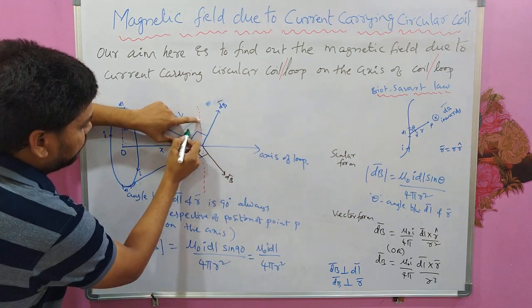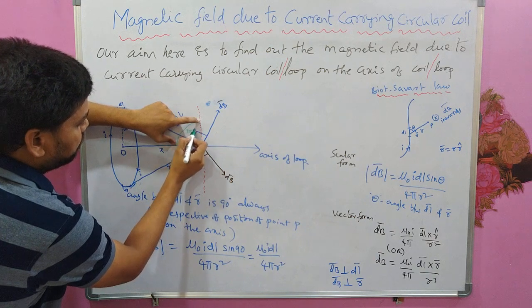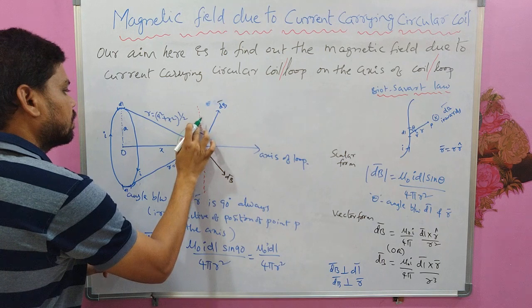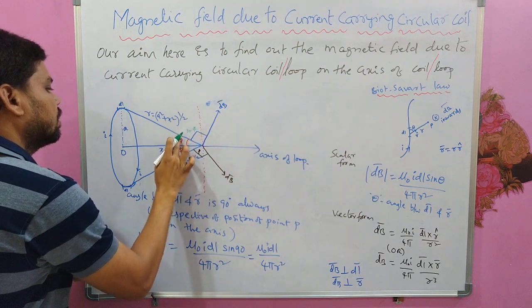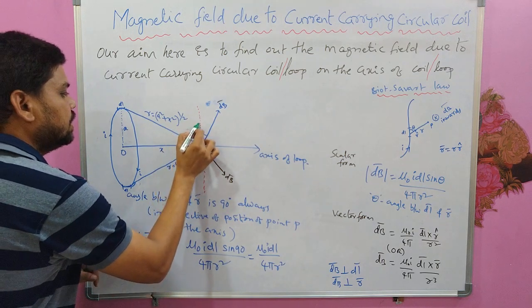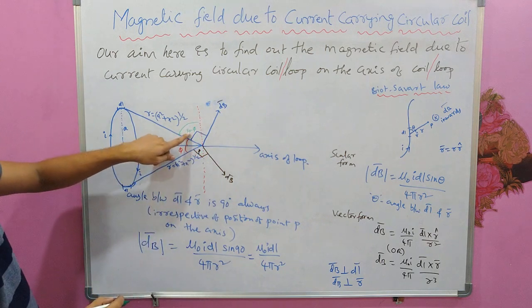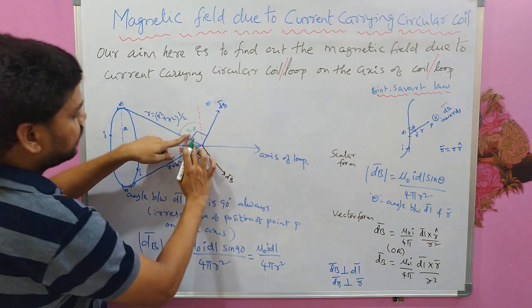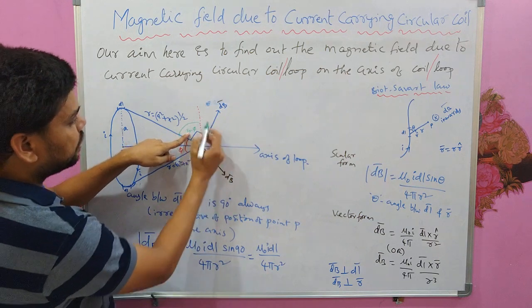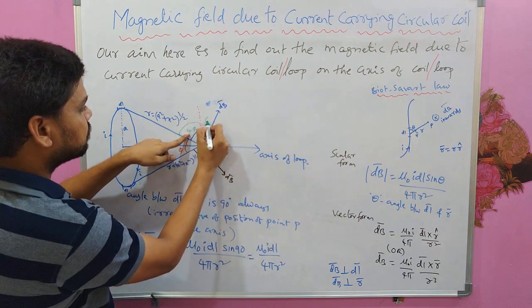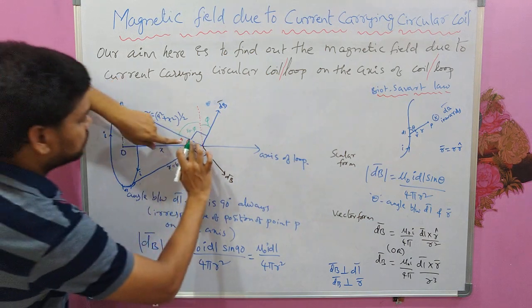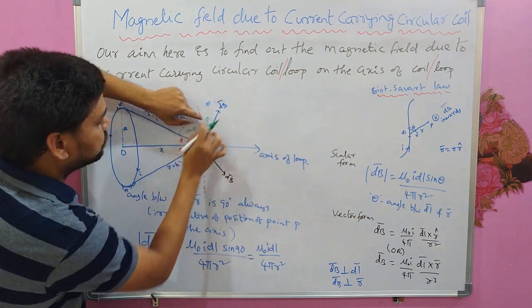This will be 90 minus phi. The angle between this and this will be 90 minus phi. If this is 90 minus phi and this is 90 and this is going to be phi, the total is 90, this is 90 minus phi, this is going to be phi.